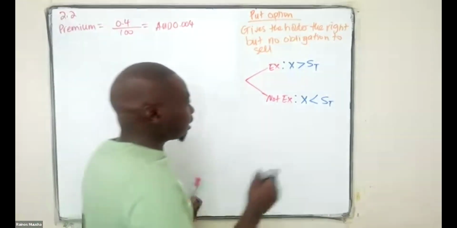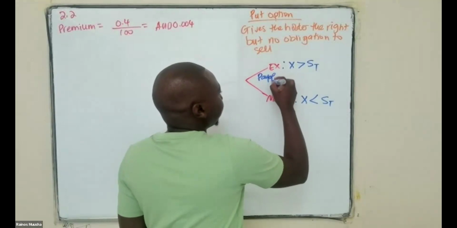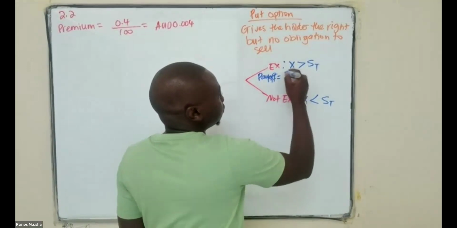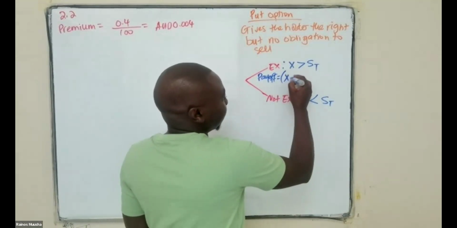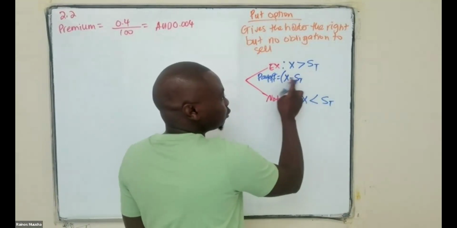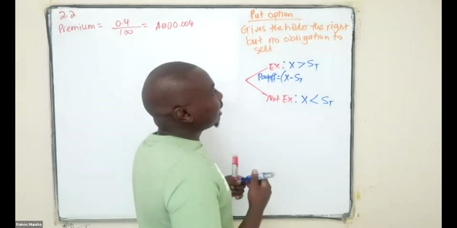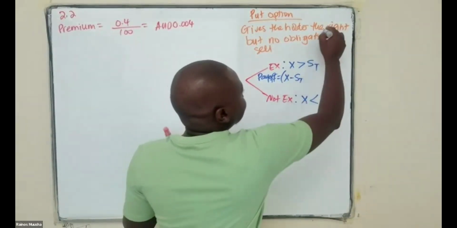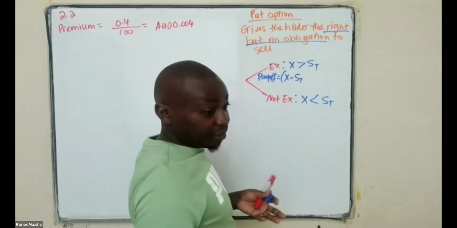So if you choose to exercise that right, your payoff is going to be equal to, you exercise the right when the exercise price is greater than what? The spot price. So this is going to be your benefit or your profit. But for you to have that right, but no obligation, you need to pay a premium.